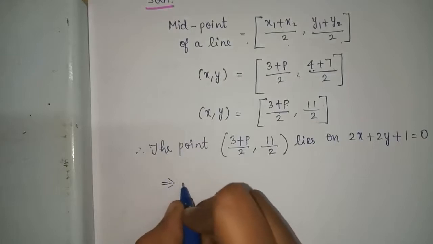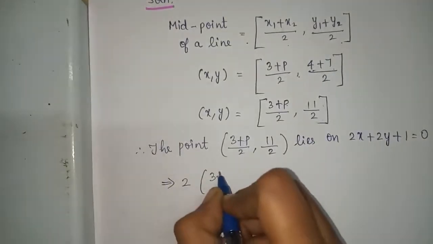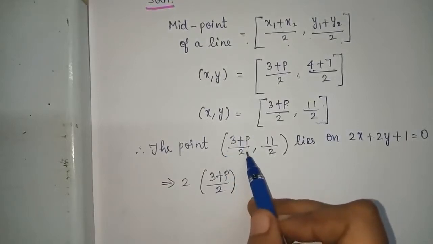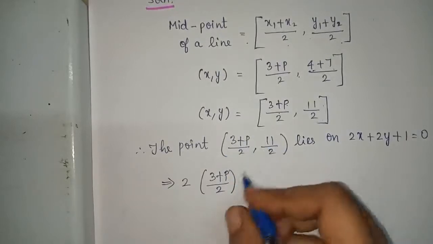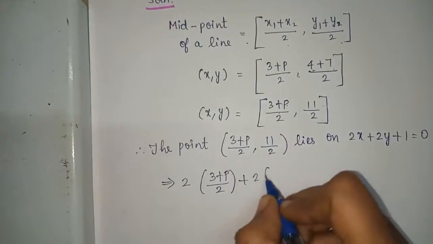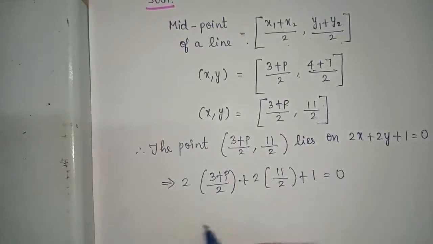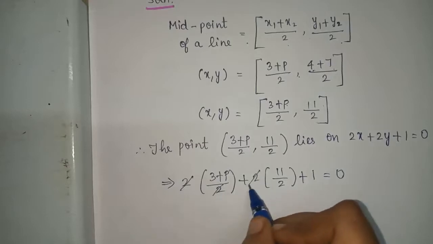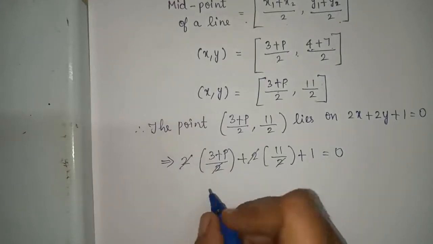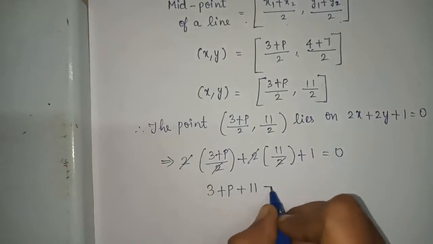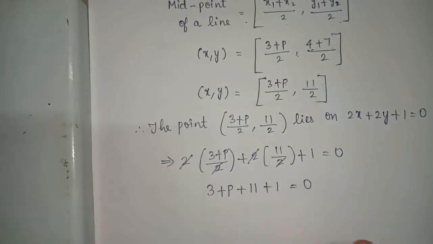That is 2 into 3 plus p divided by 2, because this is the value of x and this is the value of y, plus 2 into 11 divided by 2 plus 1 is equal to 0. 2 gets cancelled. Here also 2 gets cancelled. Remaining 3 plus p plus 11 plus 1 is equal to 0.